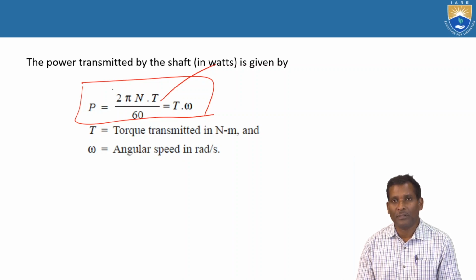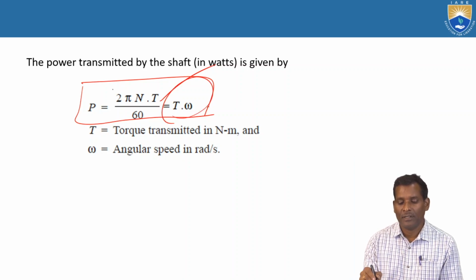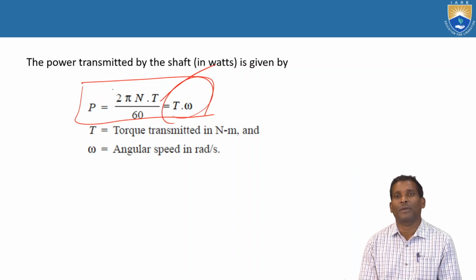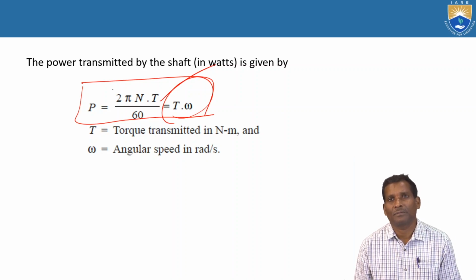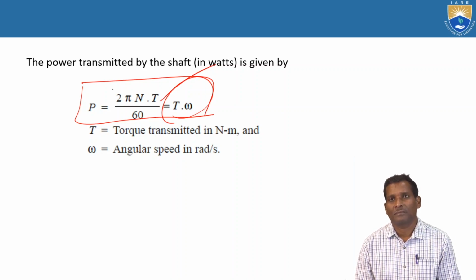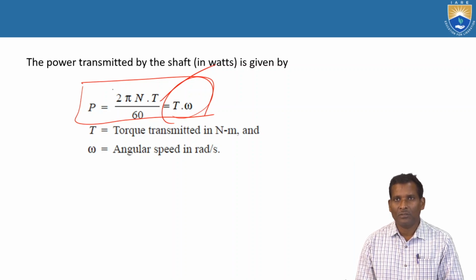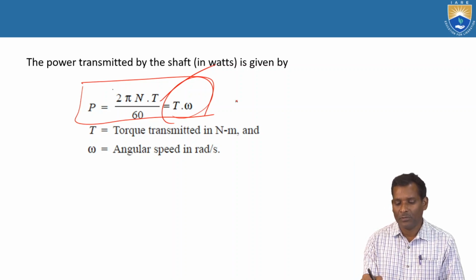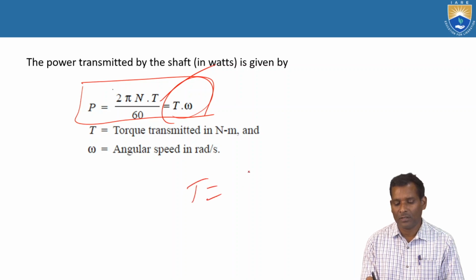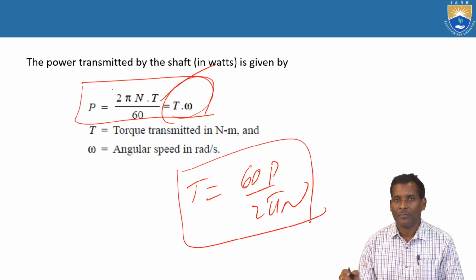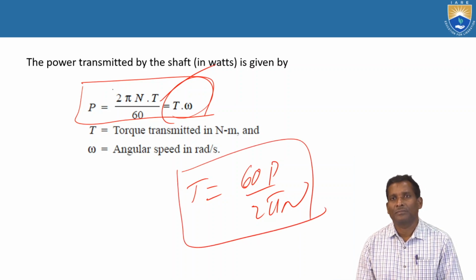You may also write T into omega, where omega is the angular speed in radians per second. Like this, you may calculate power. By using this equation, you may also determine torque, T equal to 60P by 2 pi N, and then you can apply the torsion equation.